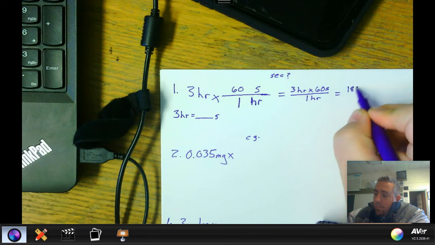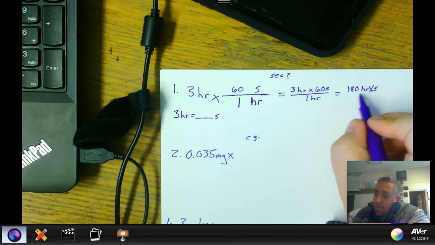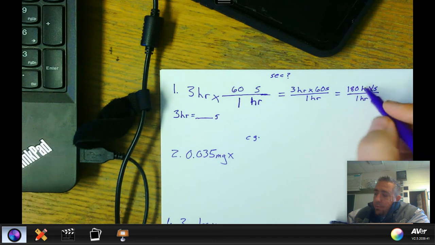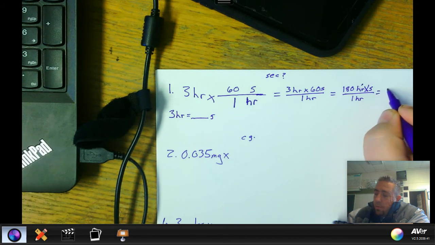So once we combine everything, we get 180 hours times seconds over top of 1 hour. Then we can do the 180 divided by 1, which equals 180.